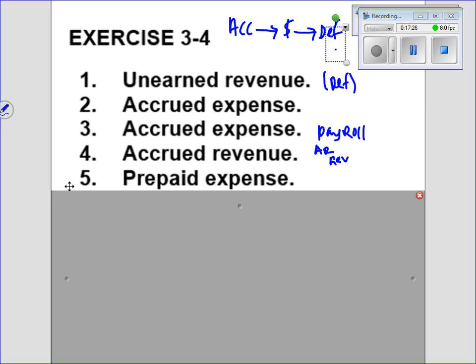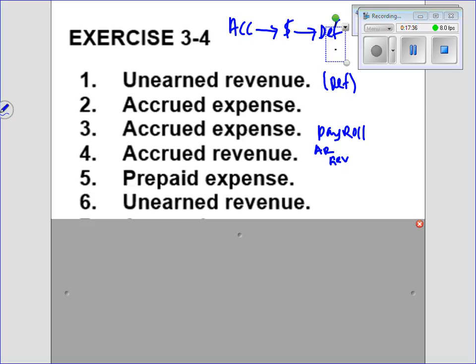Number 6, Hart received cash for future services and recorded the liability until the service was performed. Accrued revenue. No, I'm sorry, unearned revenue, which is a deferral. Okay, they got a bunch of cash, and now the liability, we owe the work done.